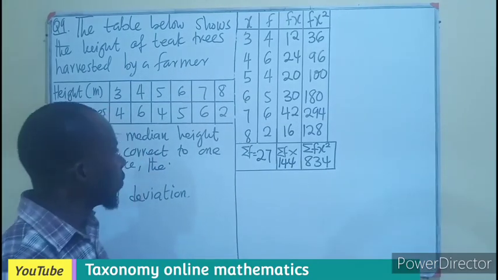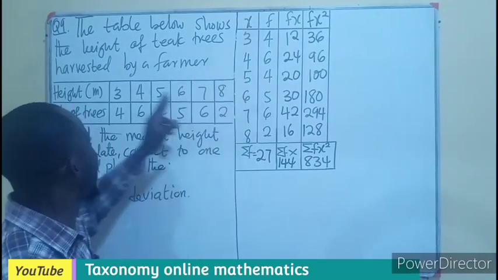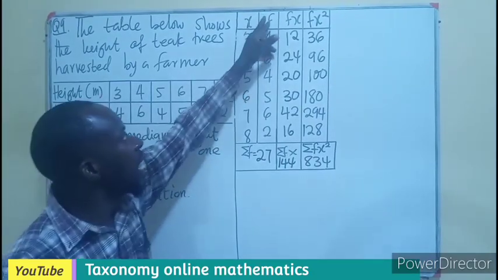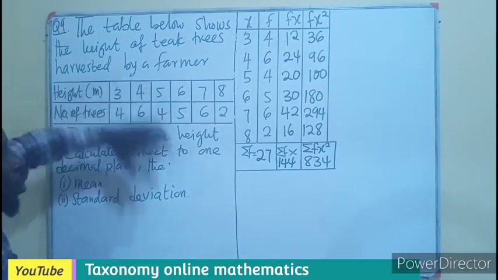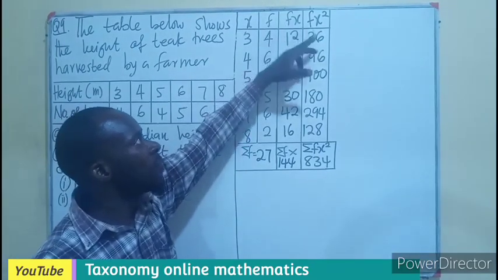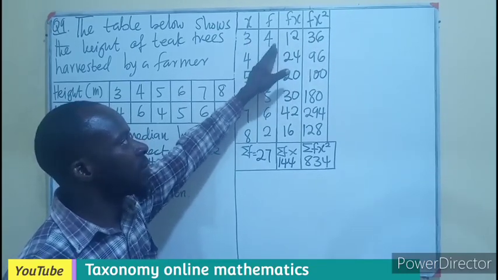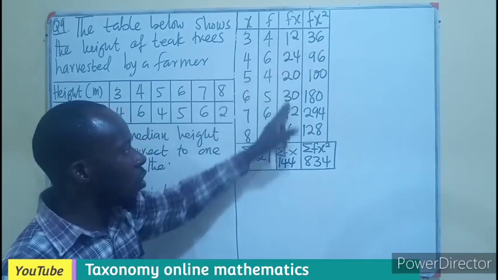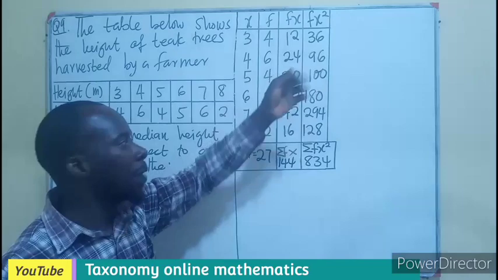Good, so the table will be reconstructed with x standing in for the height, and f, the frequency, standing in for the number of trees. So we reproduce that. Then we find our fx, which is a multiplication of the f and the x to give us this.